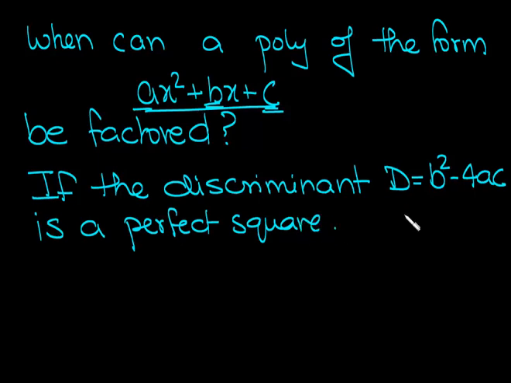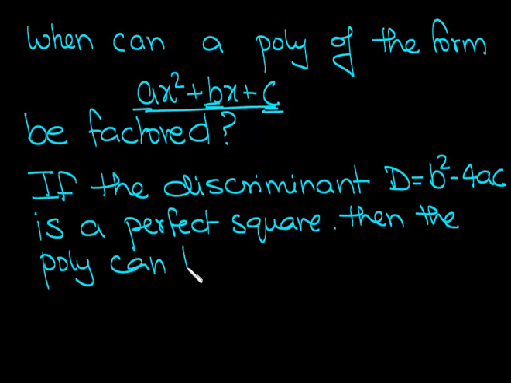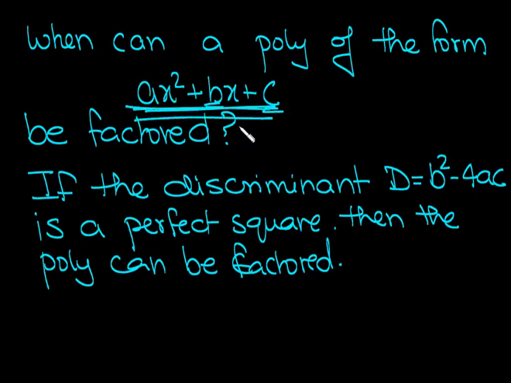So if this discriminant is a perfect square, then the polynomial can be factored. And when I say the polynomial, I'm talking about the degree 2 polynomial of this type. Okay, so this is a very simple calculation you can perform to do this.